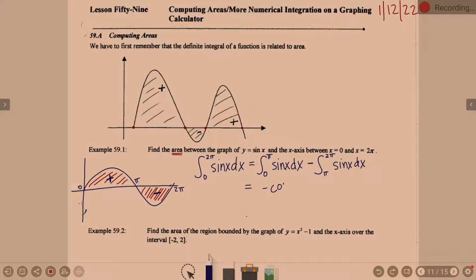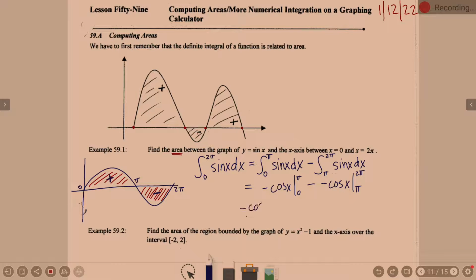So we're going to be doing negative cosine x evaluated from 0 to pi minus negative cosine x evaluated from pi to 2 pi. This is a definite integral, right? So we're ready to plug our boundaries in.